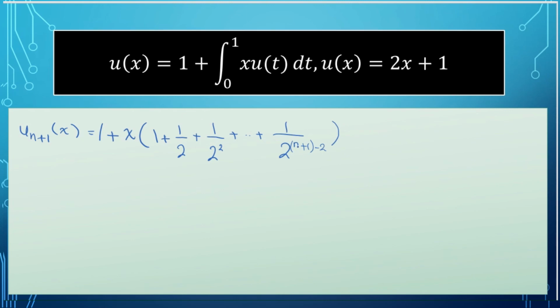You write n plus 1 and then minus 2, because the term here is n plus 1, not n. Okay, so what we get here, we get 1 plus x multiplied by 1 plus half plus 1 over 2 raised to 2, plus and so on, plus 1 over 2 n minus 1.